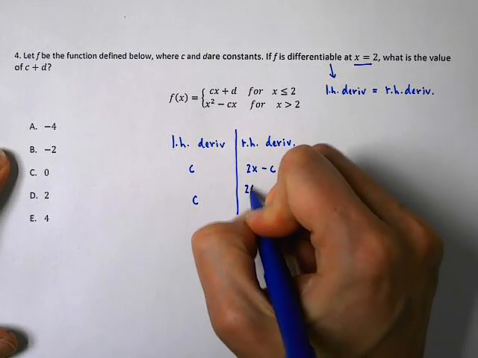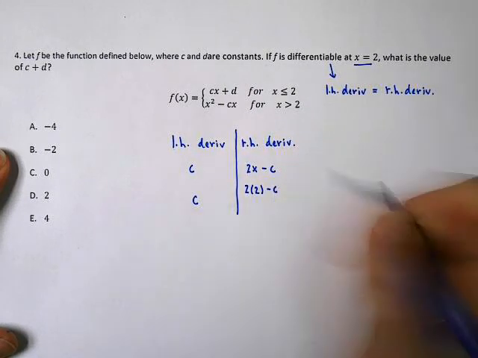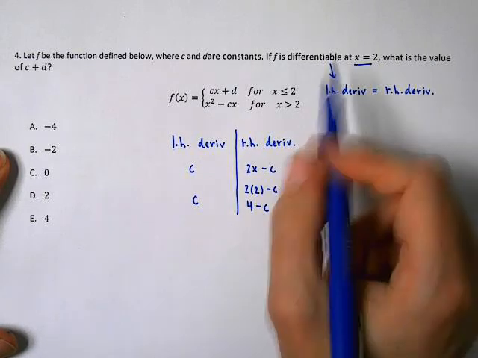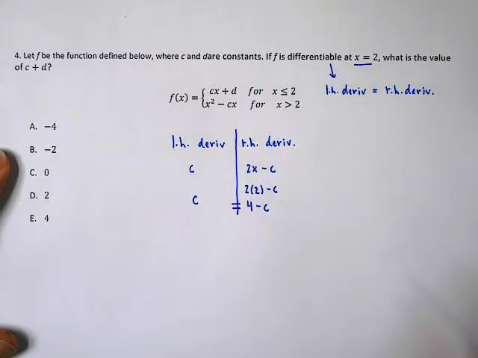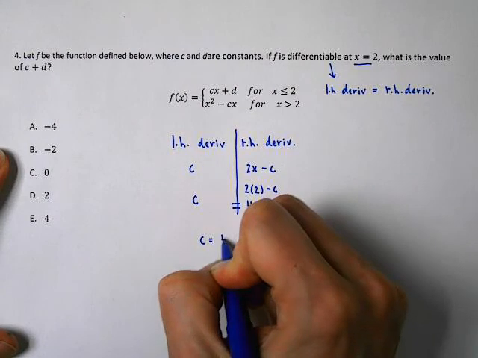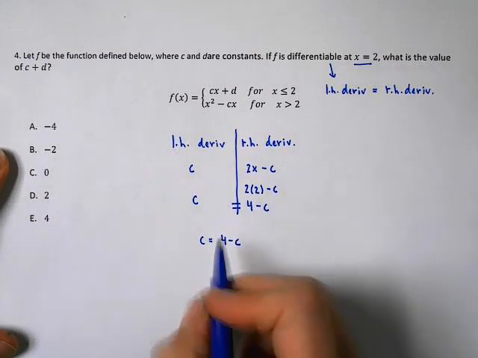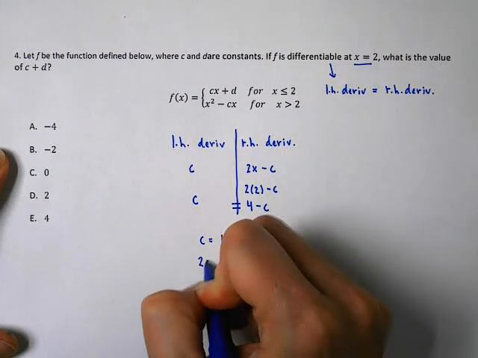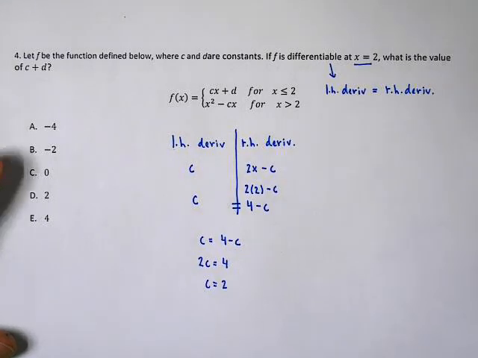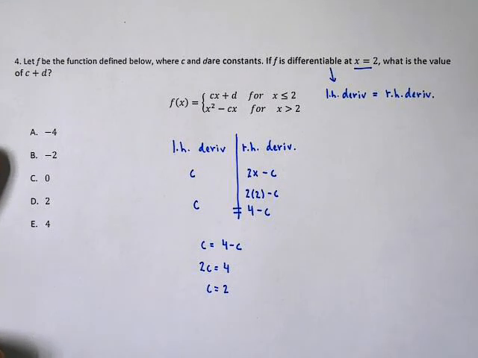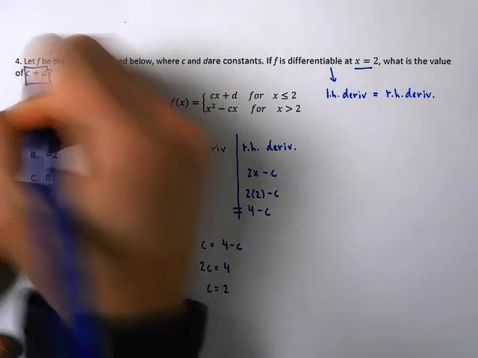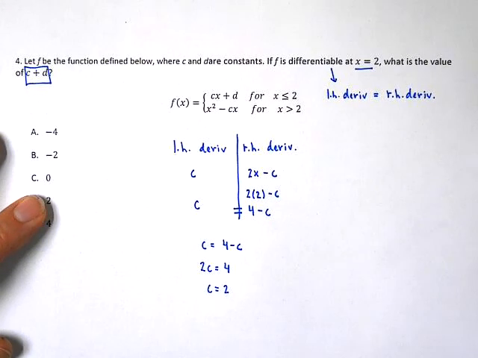So I've got 2 times 2 minus c, or 4 minus c. Since this is differentiable, I know these two quantities have to be equal to each other, so I get the equation c equals 4 minus c. If I add c to both sides, I get 2c is equal to 4, and then I know c is equal to 2.